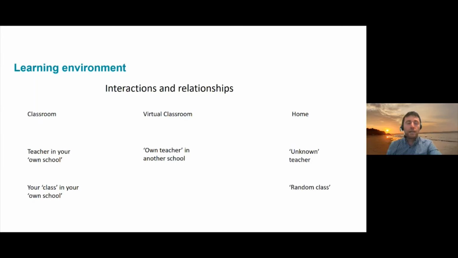In the same way, a student in the E-sgol project will end up in a random class, in a sense, with learners they've never met before to study A-level with. How does the teacher there develop the interactions and the relationships that lead to that learner feeling, yeah, this is my class, even though they're in another school?